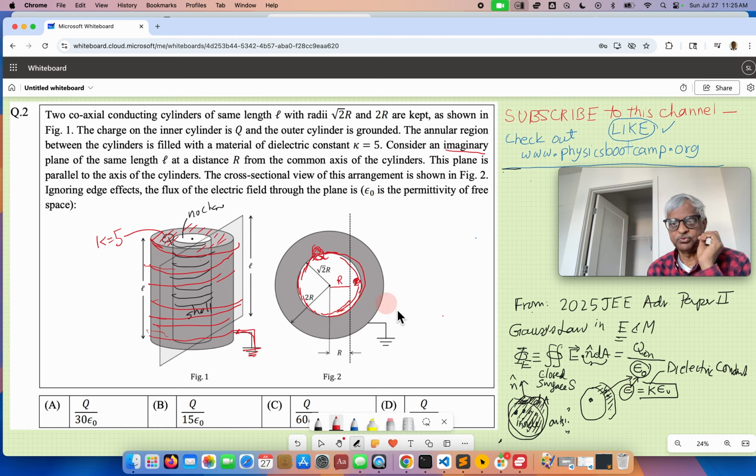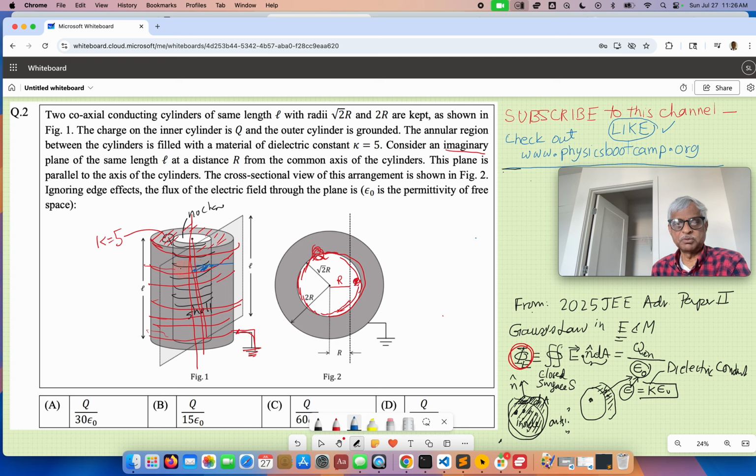Then we're supposed to find this quantity, flux through... so the electric field will go, from the symmetry, if this is the axis, then you can say which way the electric field goes. The electric field will start from here, but inside there will be no electric field.